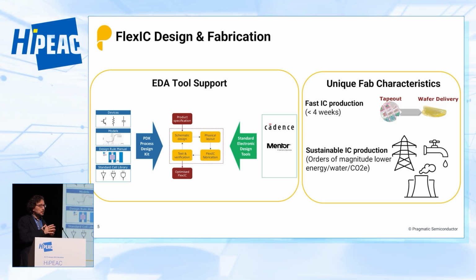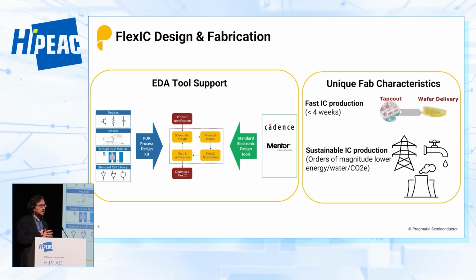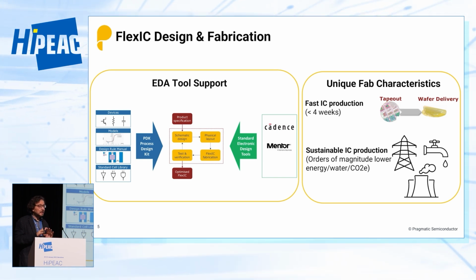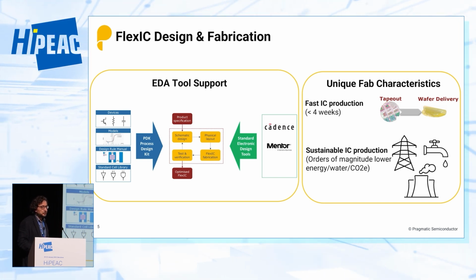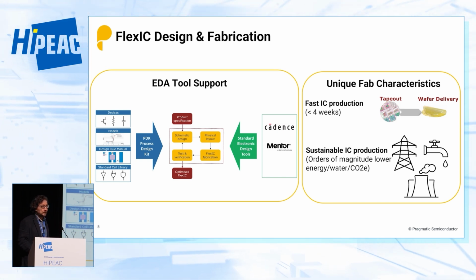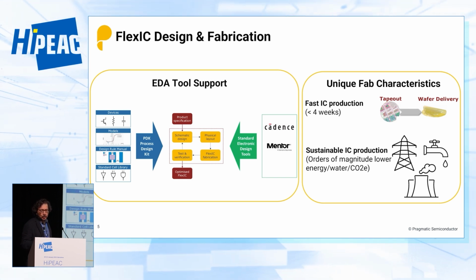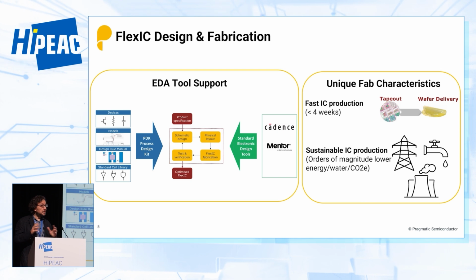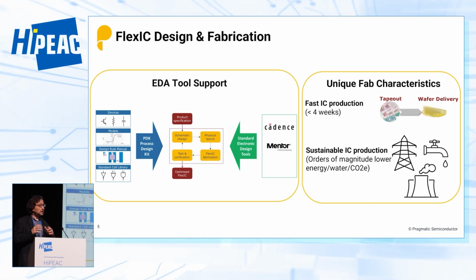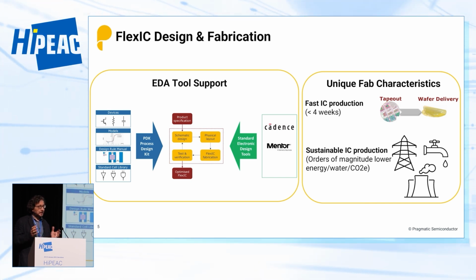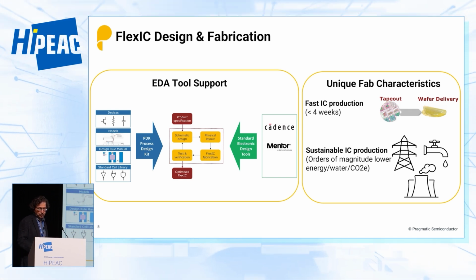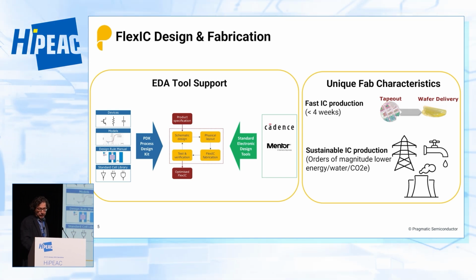You tape out something, and 2 days later, I'm giving an example, you get your chips back. This is not possible in today's technology. Also, in terms of sustainability, our fabs use much less water, use less energy, and the carbon footprint is a lot smaller than conventional fabs.